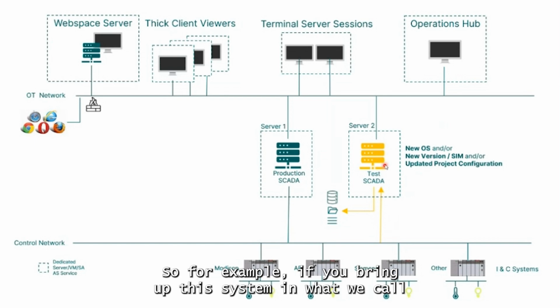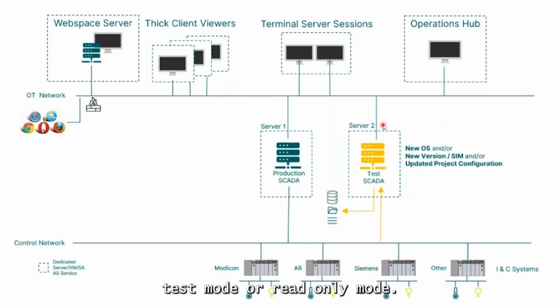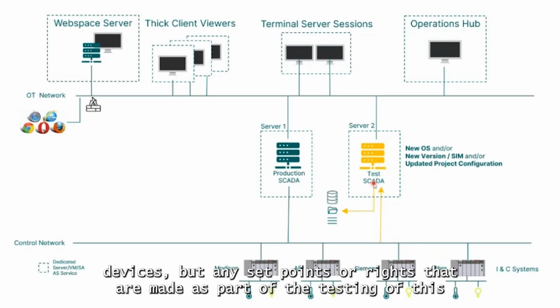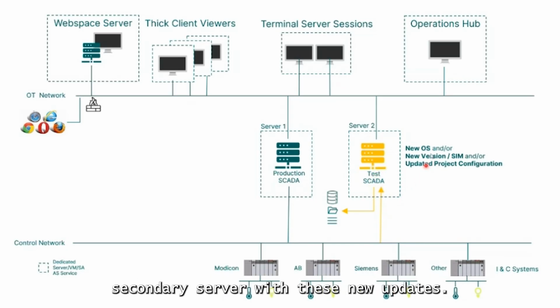So, for example, if you bring up this system in what we call test mode or read-only mode, that system will still receive all of the updates from your plant floor devices, but any set points or writes that are made as part of the testing of this secondary server with these new updates will be written out.